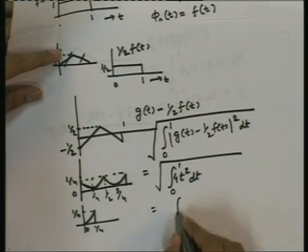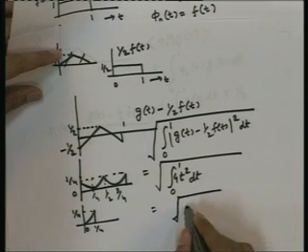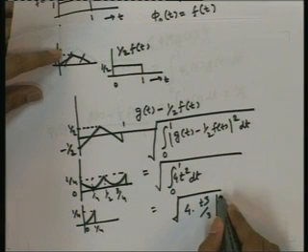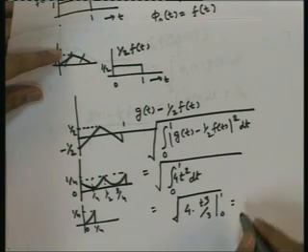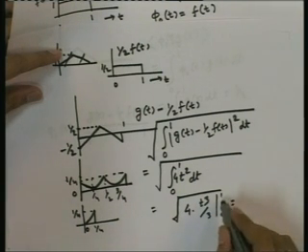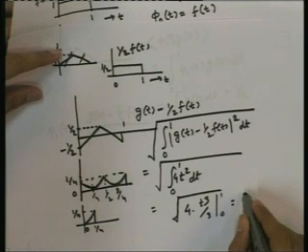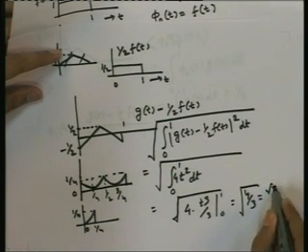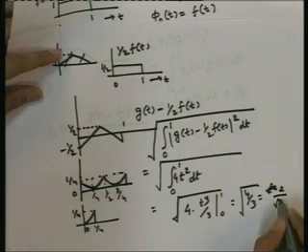So we will have root over 4 t cube by 3. This is now 4 by 3, that is root 2, that is 2 by root 3.